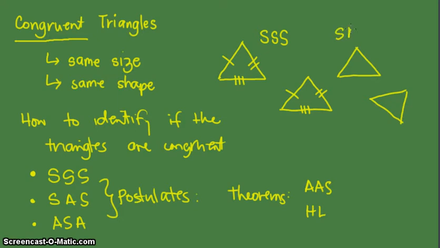SAS means if I can find one side equal to one side of the second triangle, and a second side also equal to another side of the second triangle, and if the angle between these two sides is equal to the angle in between the other two sides, then by SAS, the two triangles are congruent.